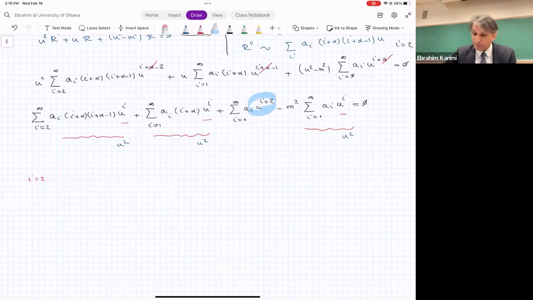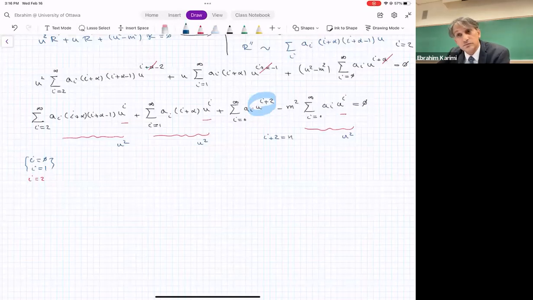And then we will come back with i equal to 0, i equal to 1, which should be considered. I'm not considering these two now, but we have to come back to that equation and look at those possible cases.